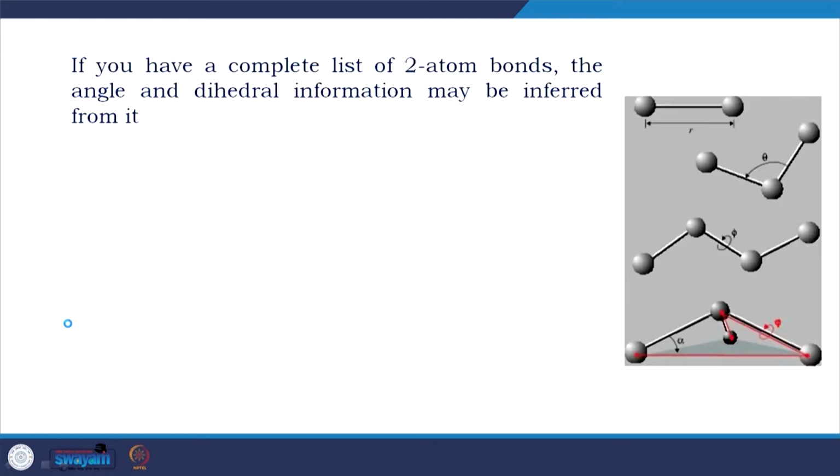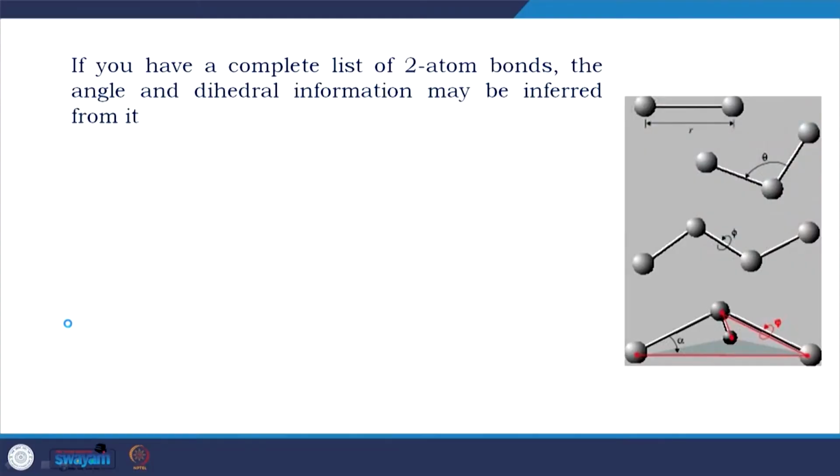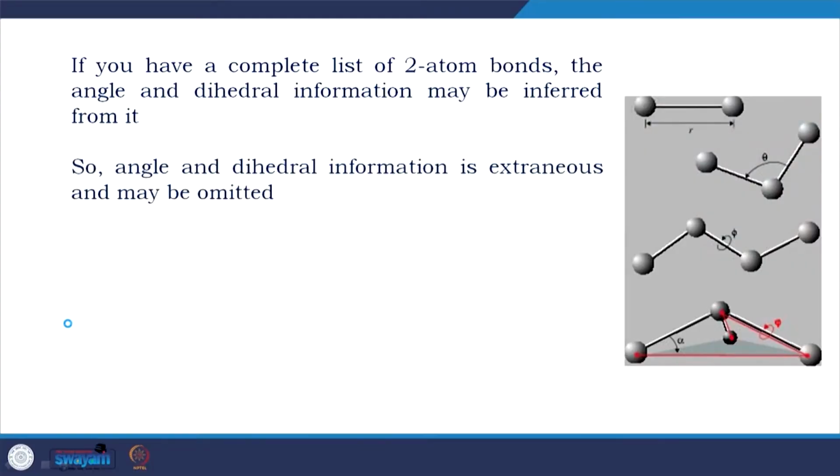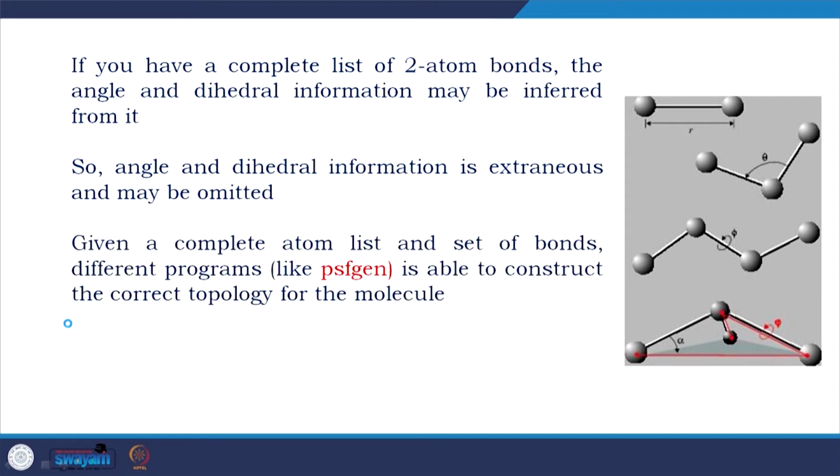If you have a complete list of 2 atom bonds, the angle and dihedral information may be inferred. So, if you have a library with the bonding connectivity, your angles and dihedrals would be computed. So, angle and dihedral information is extraneous and it could be omitted from the library, because it could be calculated with the already established information of connectivity.